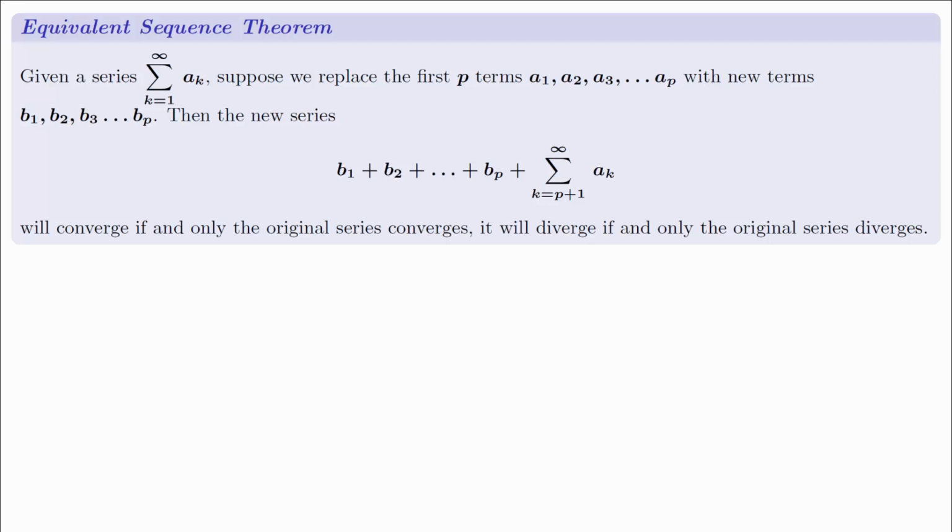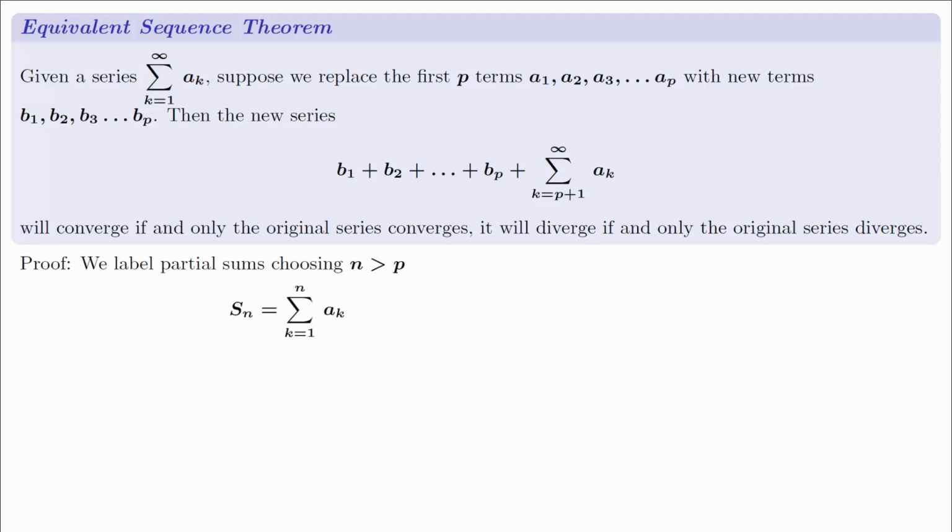Then the new series, b1 plus b2 plus ... plus bp plus ap+1 plus ap+2, and so on, will converge if and only if the original series converges. It will diverge if and only if the original series diverges.